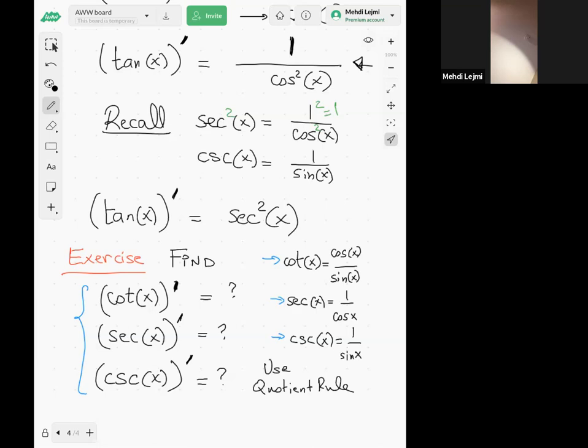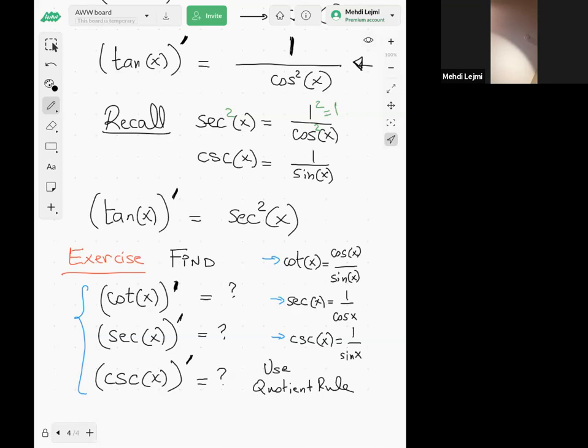So after trig functions, we know how to compute the derivative of powers of x. Now we are doing trig functions. Next, we're going to do logarithmic and exponential functions. You're going to have so many formulas, and again, you don't have to memorize all of them.